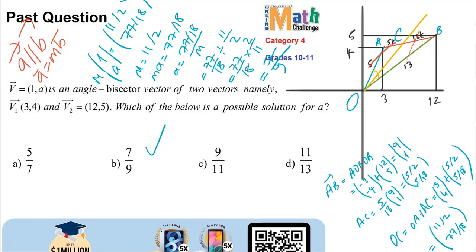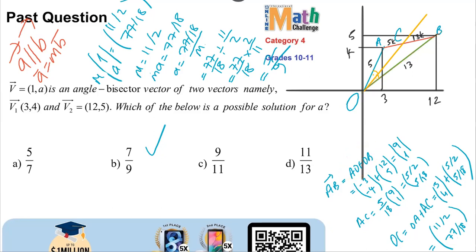And the ratios will remain same. So AB becomes 18k. Now, to get OC, the equation of OC, we need OA plus AC. But we don't know what is equation of AB. So to get AB first, AO plus OB.